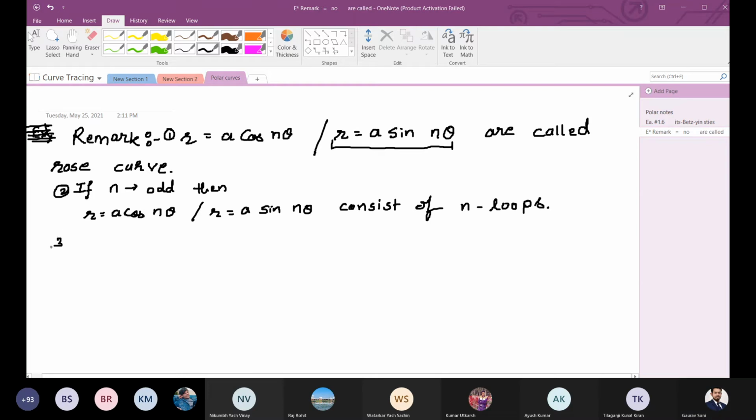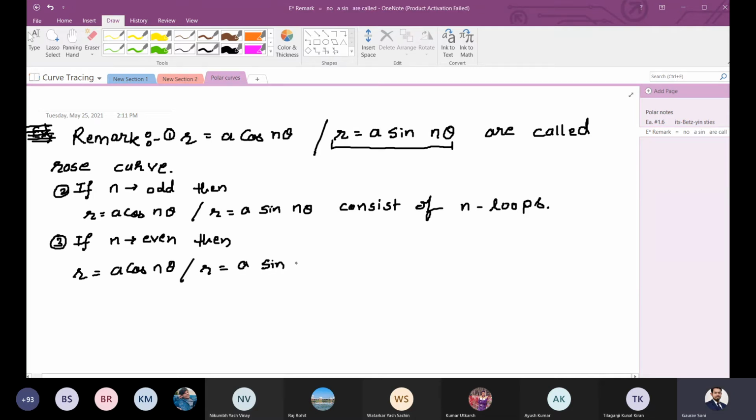And third, if n is even, then R is equal to A cos n theta or R is equal to A sin n theta consists of 2n loops. This is fixed. So because of these remarks, you can always draw the curve without doing anything.